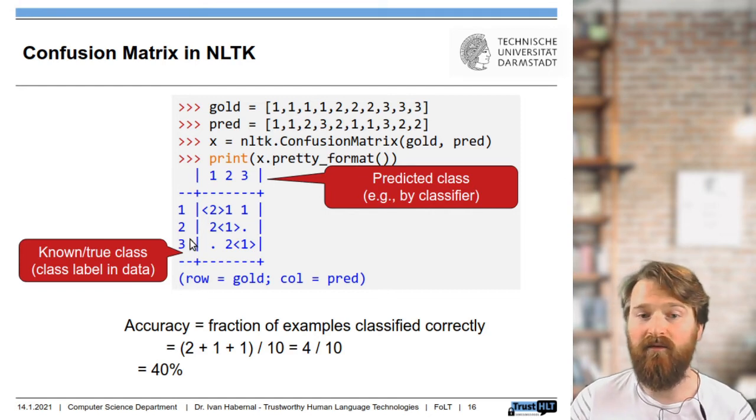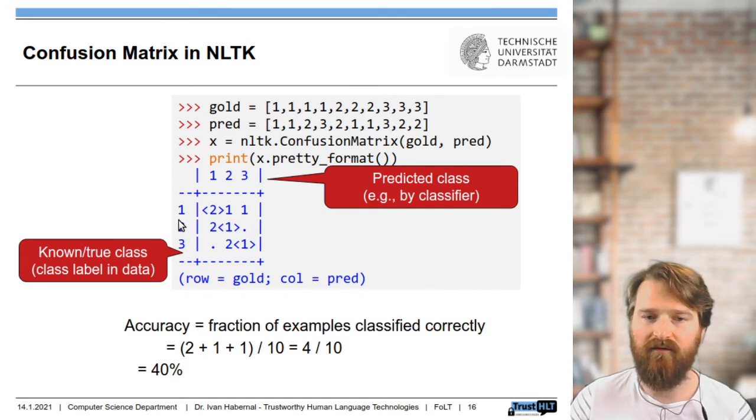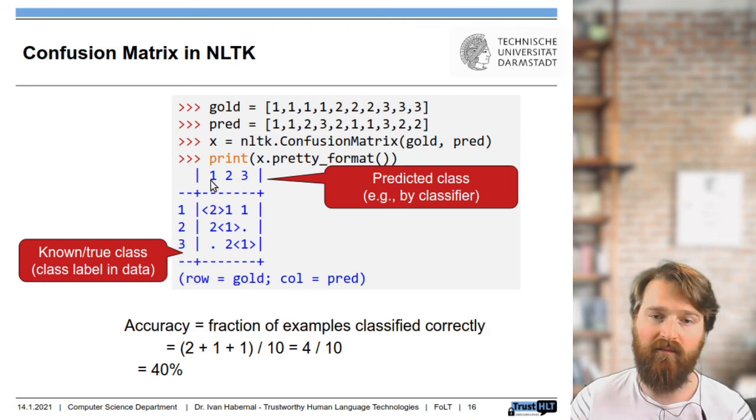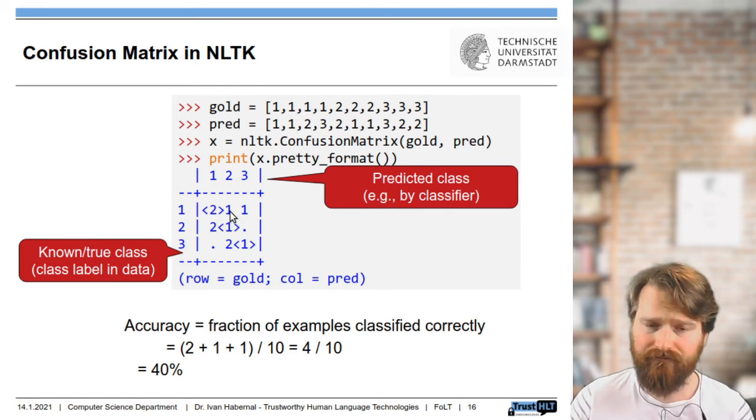Now it really looks like a matrix, where the rows correspond to the gold standard data, so the true classes, and the columns correspond to what the model predicted. These numbers are just counts of how many times this occurred.